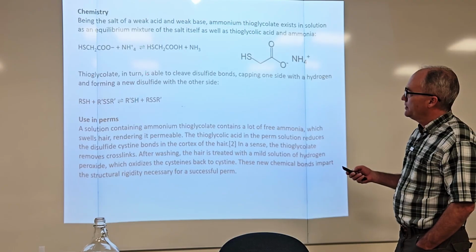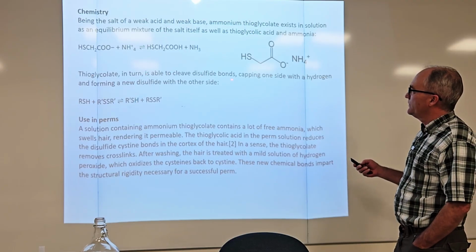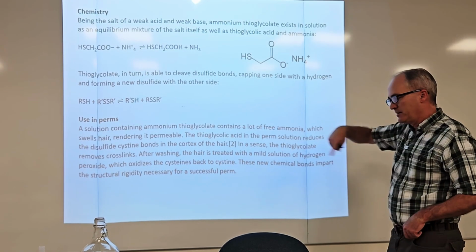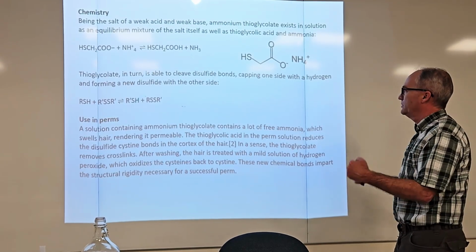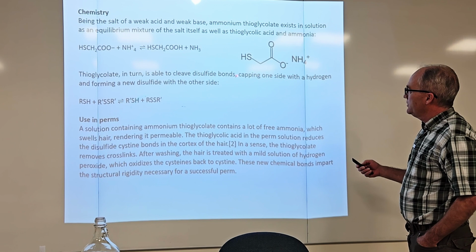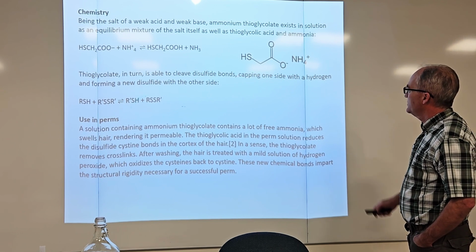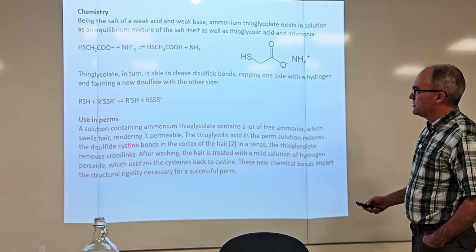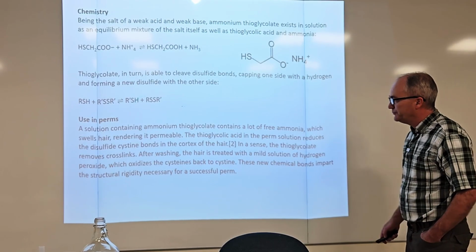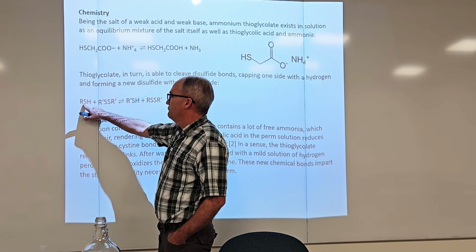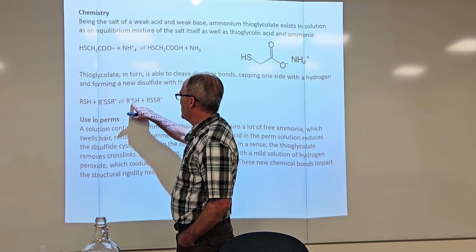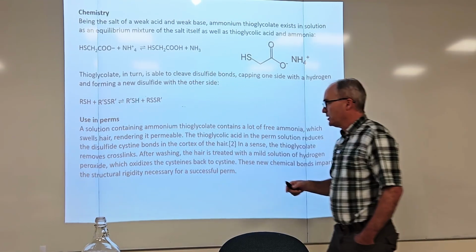You put this on your hair and it's able to cleave the disulfide bonds. Your hair is like this big protein and there are disulfide bonds holding it together. You cleave the disulfide bonds with one side of a hydrogen forming a new disulfide with another. So here's a disulfide bond. Here's just a sulfide. Here's another sulfide. Here's a new disulfide bond.